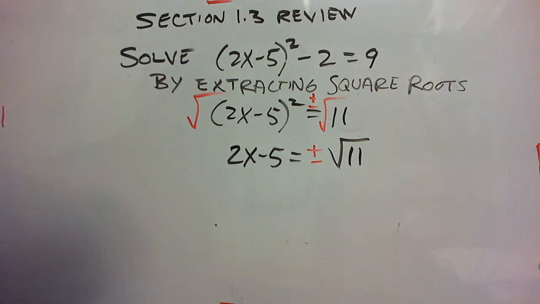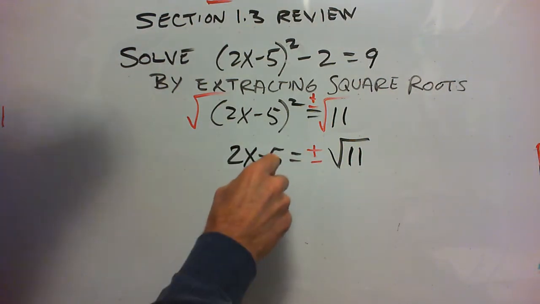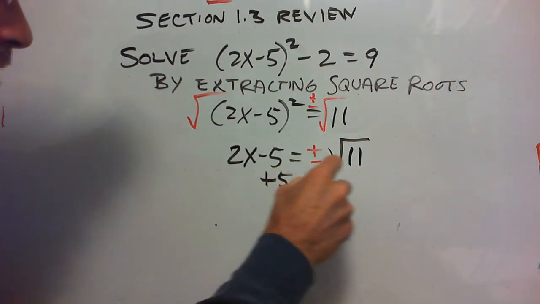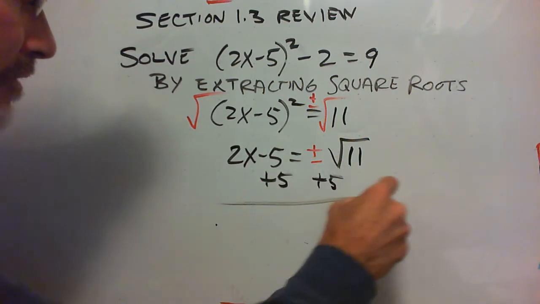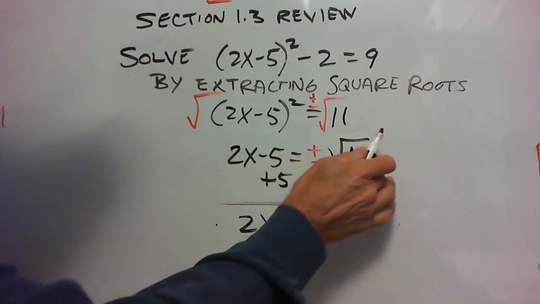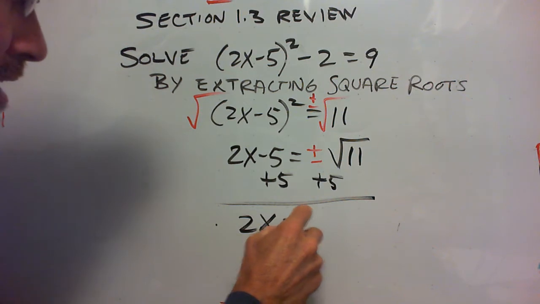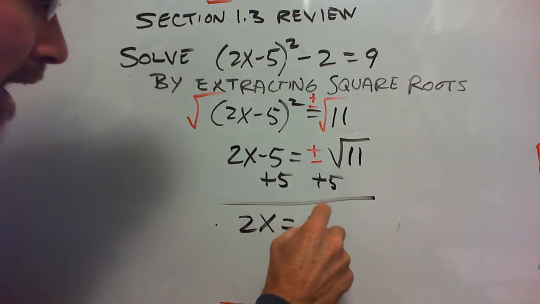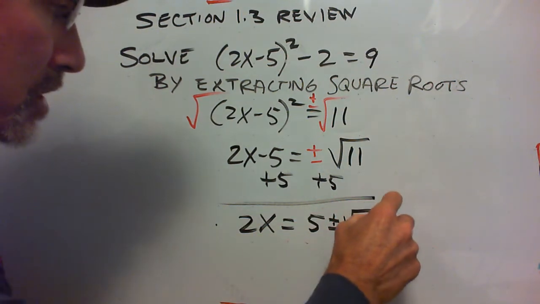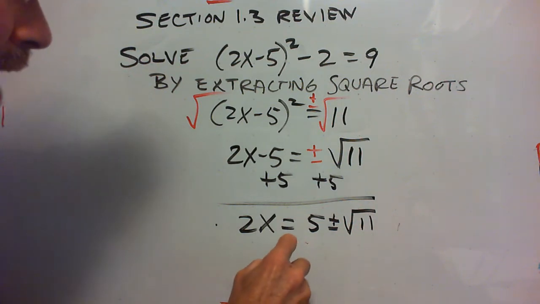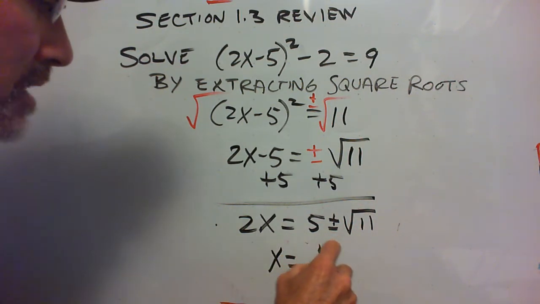And now you just solve this equation for x. Add 5, add 5. I like to put the 5 before the plus and minus. So 2x equals 5 plus or minus square root of 11. And then divide by 2, both sides.